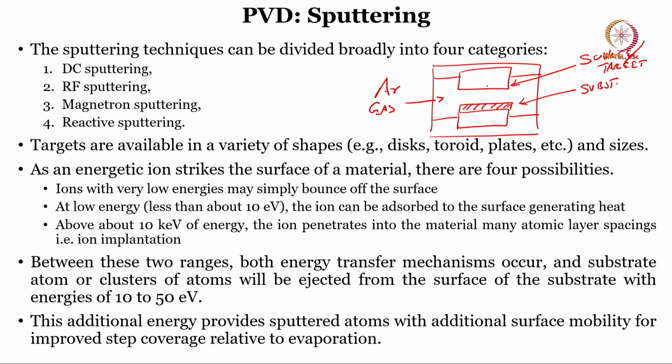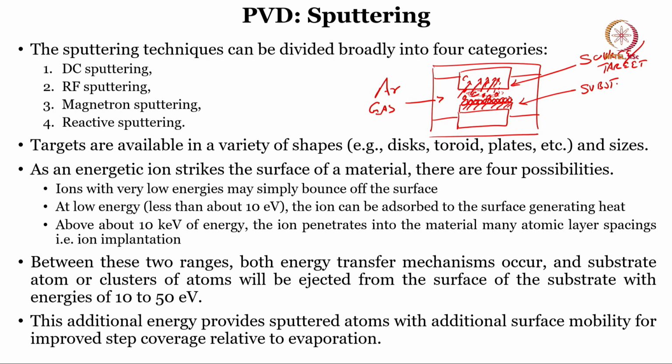So, when you do high DC sputtering or RF sputtering, then what will happen is the formation of plasma. When there is formation of plasma, this argon gas, a high energetic ion, strikes this particular target or source material, and it will dislodge the atoms from it, and those atoms will start forming a film onto the substrate.